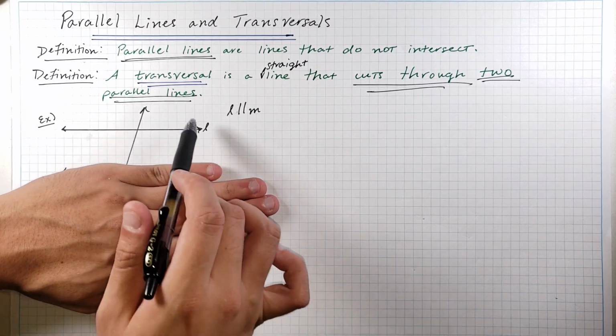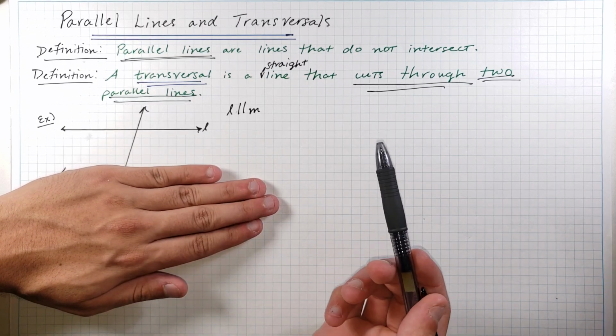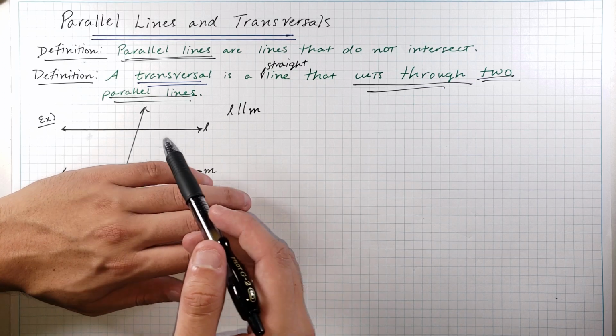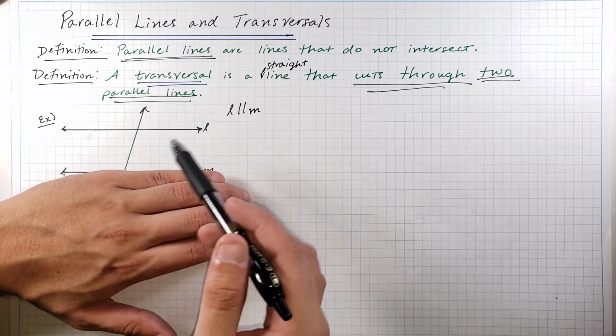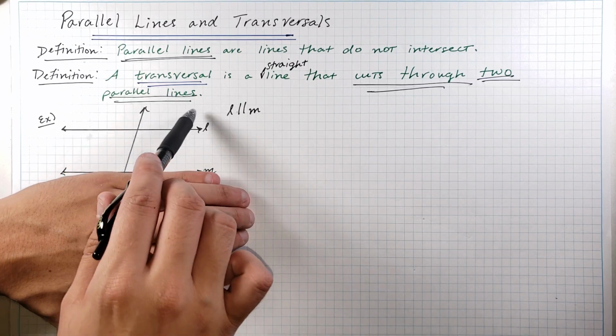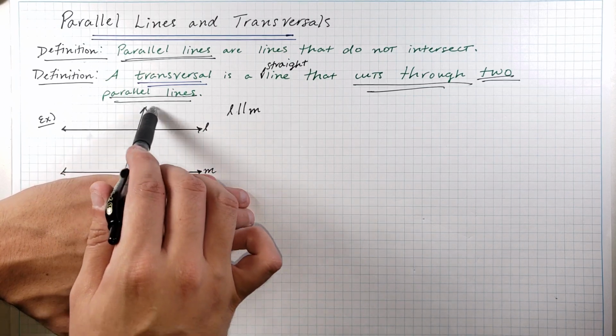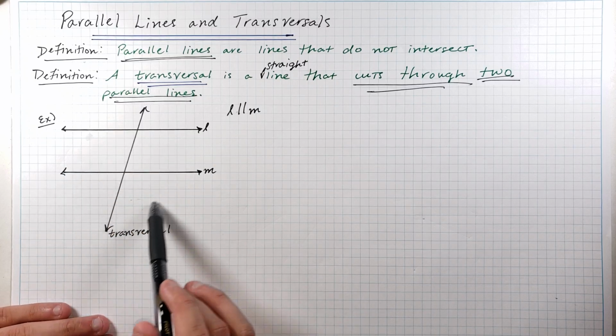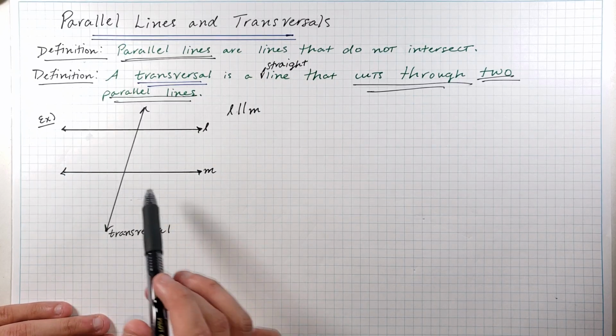And if you look a little closer, in the last video we talked about vertical angles being congruent. As you can see here, this kind of looks like two straight lines intersecting, and this looks like two straight lines intersecting, right?